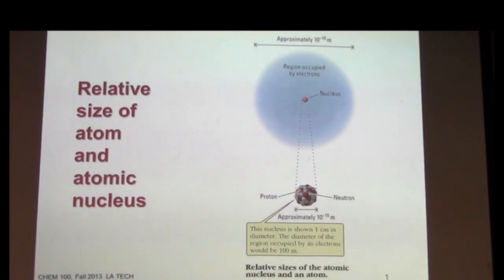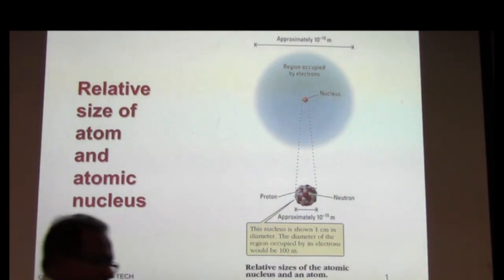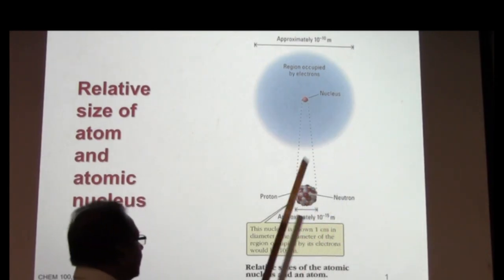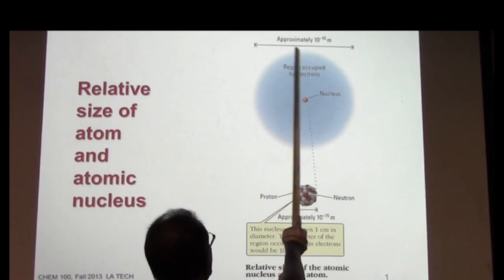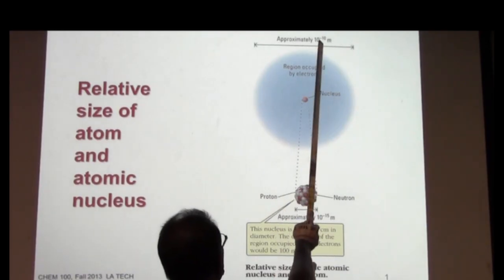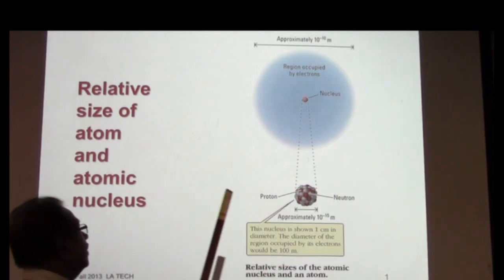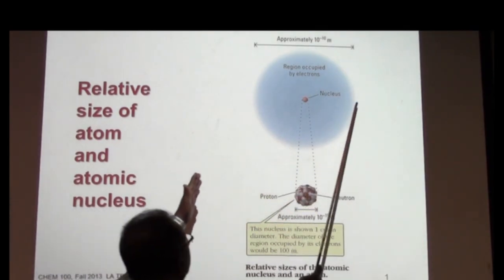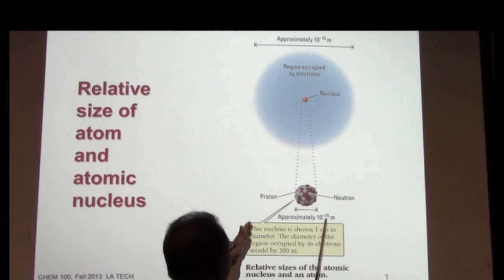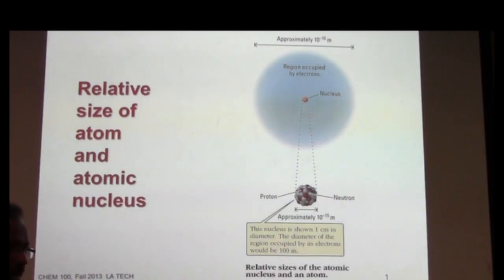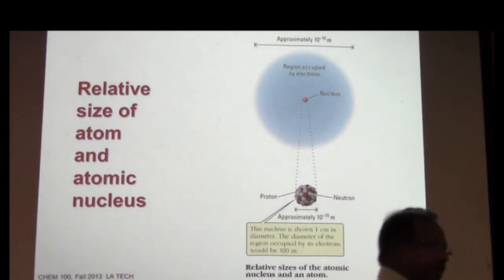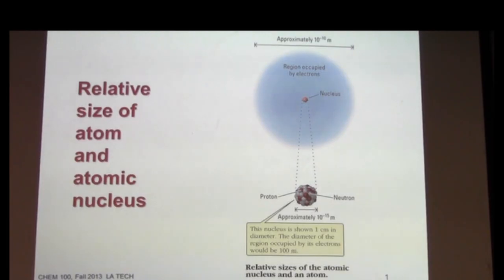The atomic size is very small, and the nucleus is even smaller. The atomic size is approximately 10 to the negative 10 meters, and the nucleus size is 10 to the negative 15. What I heard was this: if you have a nucleus here, where would you find the electron in the hydrogen atom?